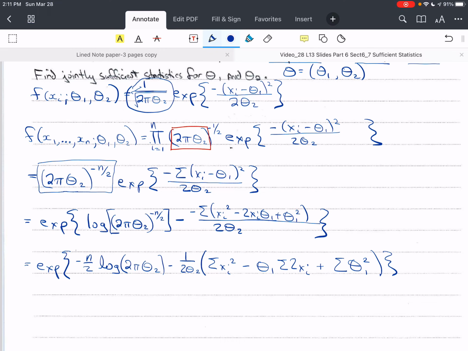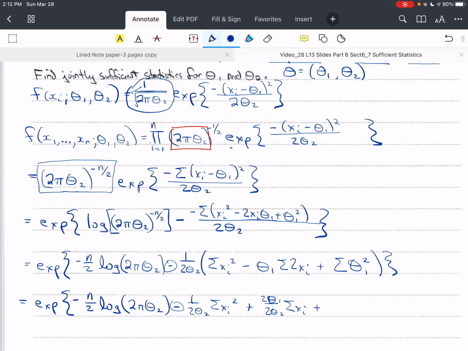And so what I can do here is I can rewrite this as exp negative n over 2 log 2 pi theta 2 minus 1 over 2 theta 2 sum of x_i squared minus 1 over 2 theta 2, and this can be theta 1, and there'll be a 2 sum of x_i plus, or so this was a plus, so I had a minus here.